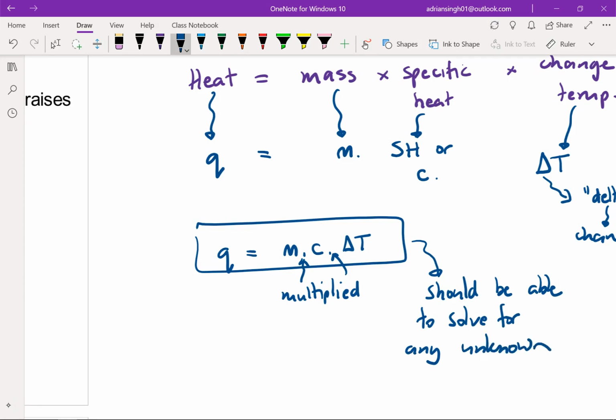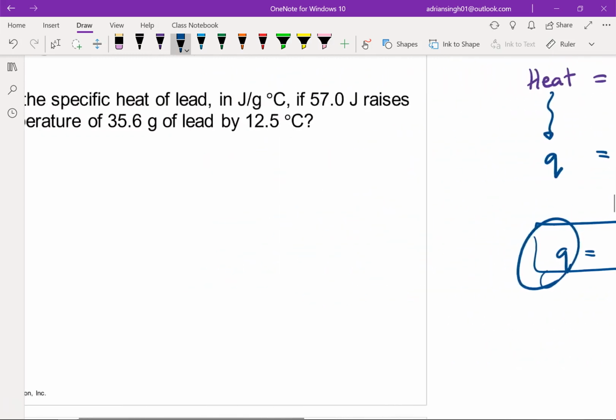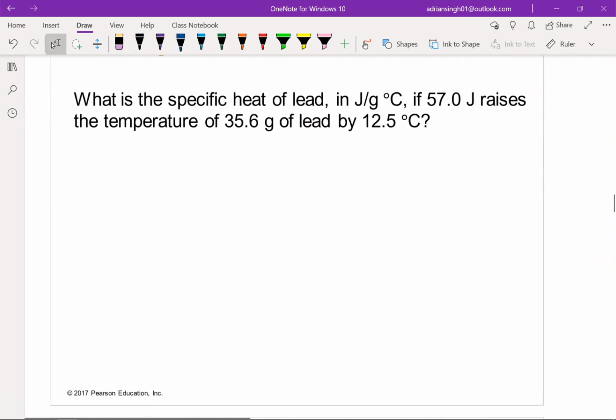Oftentimes it's the heat that we need to solve for, but in some cases it could be any of these other three things. With any question, you want to approach it systematically and list everything you're given, and then hopefully you'll see that there's only one unknown that we need to calculate.